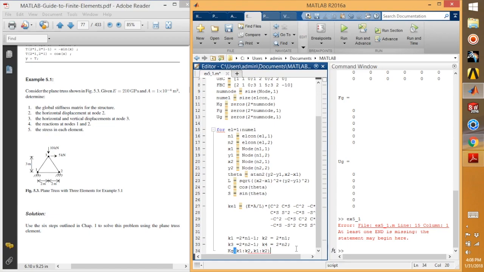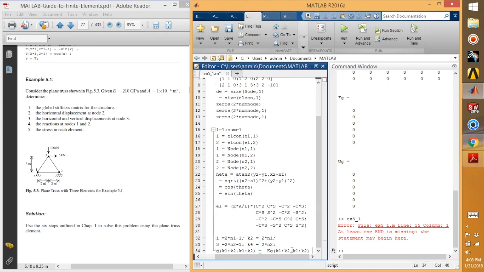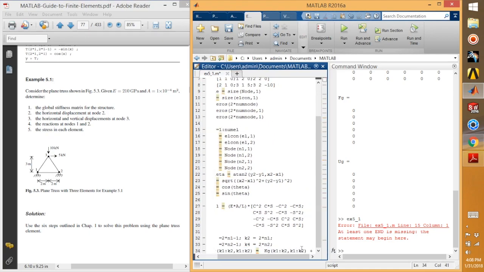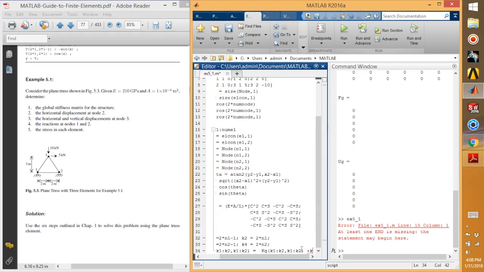I'm just going to copy it, plus k element 1 to 2, 1 to 2.